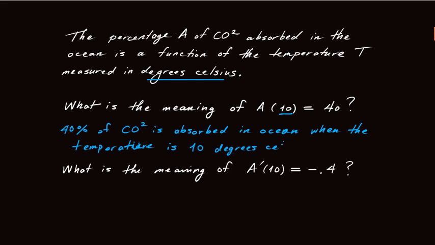Again, here the independent variable is the temperature, and that's measured in degrees Celsius. A little bit different is, what is the meaning of A prime of 10? So here we're talking about the derivative, the rate of change in A as we change the temperature.